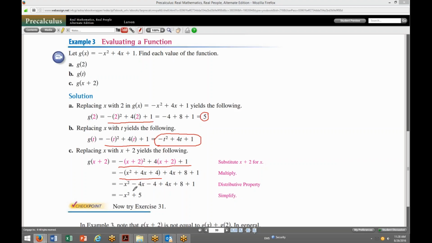And so finally we get expressions down here where we're ready to combine all our like terms and get our final expression. And combining all the like terms, interestingly, the negative 4x and the plus 4x cancel out. We only have one x squared term, negative x squared, and the minus 4 plus 8 plus 1 turns into plus 5. So g of x plus 2 for this g function turns into negative x squared plus 5.